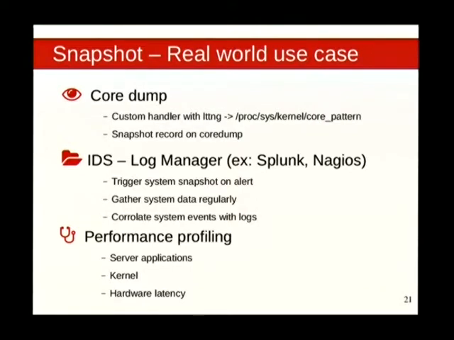So LTTng is being used to correlate data, logs, to merge with syslog also. We try to work with plugins that allow you to use tracing data and put it with, for instance, Splunk or syslog in terms of time correlation. You can use that for performance profiling, and so on and so forth.